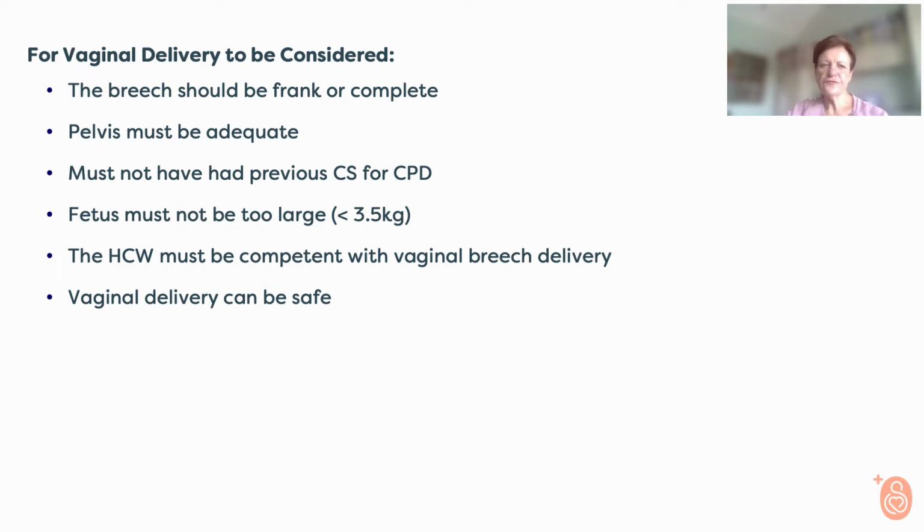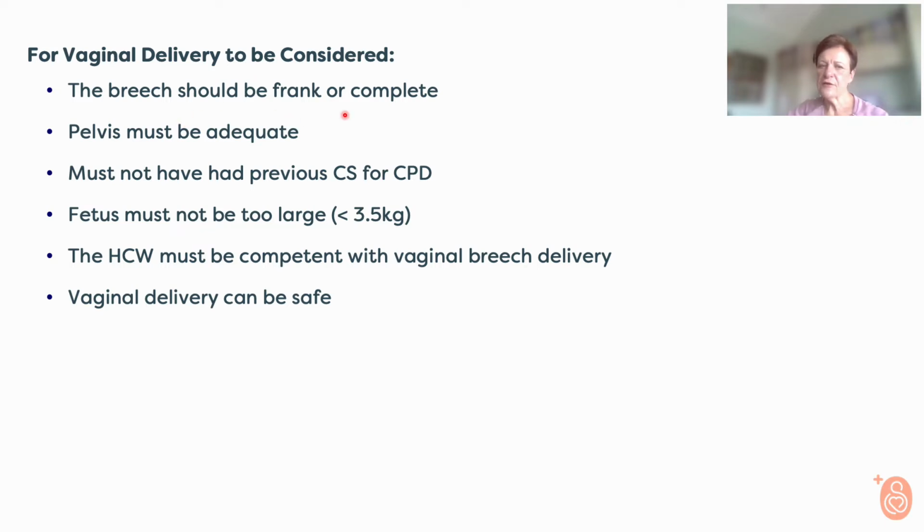Now, for a very long time it was said that a cesarean section for a breech presentation is the safest. But in the meanwhile, there's a lot of evidence that has shown that vaginal deliveries of breeches can also be quite safe, without negative effects, injuries, etc. But it's only in the following cases that a vaginal delivery can be considered.